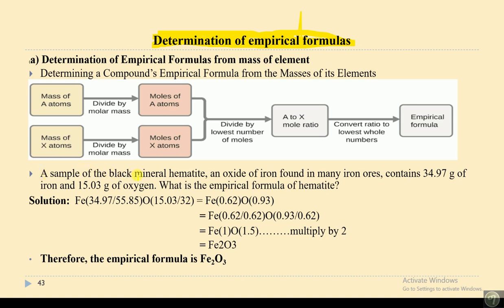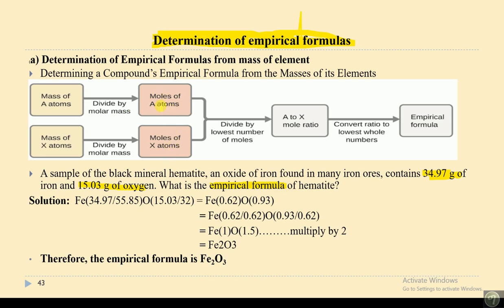A sample of the black mineral hematite, an oxide of iron found in many iron ores, contains 34.97 grams of iron and 15.03 grams of oxygen. Find the empirical formula. The first thing is to calculate the mole of individual iron and oxygen.